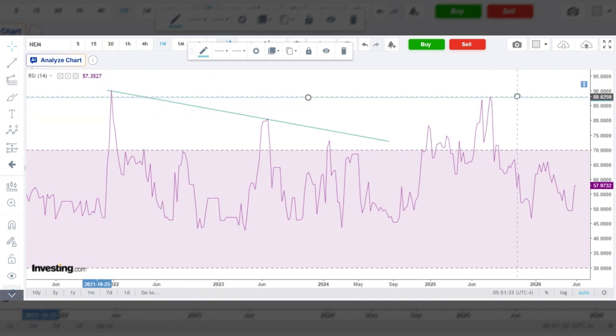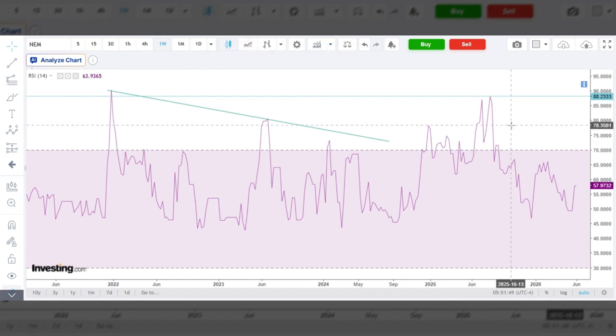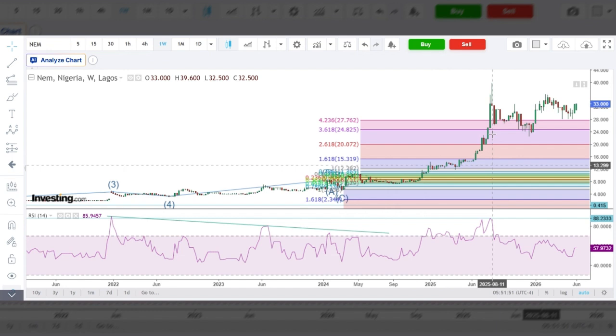So if three ended here, you can see that the price broke out of the Fibonacci extension and went up, before this strong pullback.